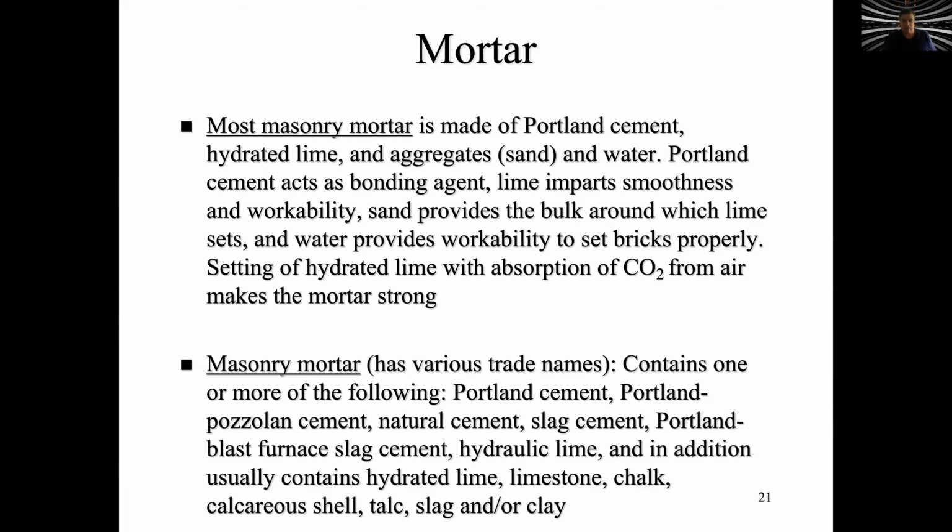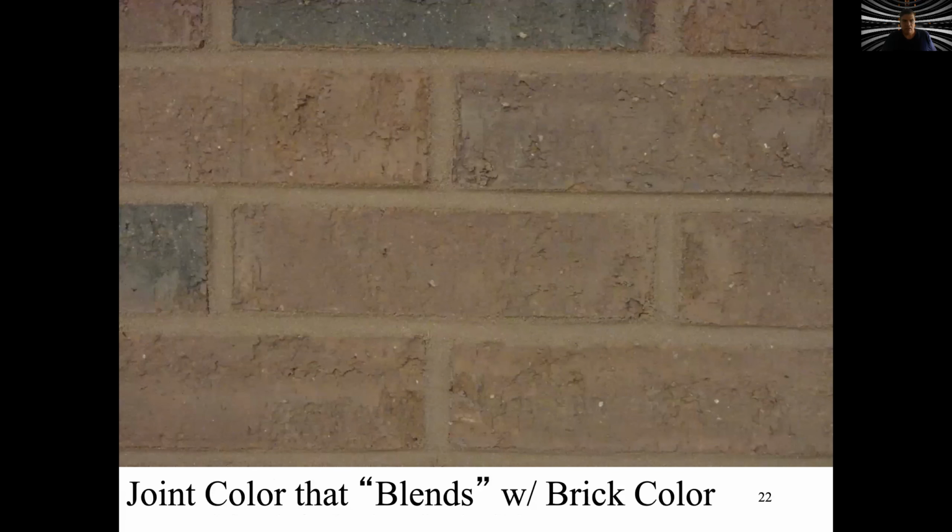Some types of cement, sometimes hydraulic limes, or hydrated limes, limestone, chalk, shells, talc, slag, clay, and other types of sand materials will be used to produce it. Sometimes we can have a contrast between a brick and the mortar, and sometimes we have a color blend, like we can see in this photo.